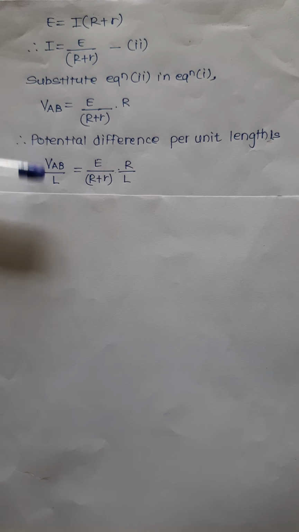And this constant ratio VAB upon L is called as potential gradient and it is denoted by K.